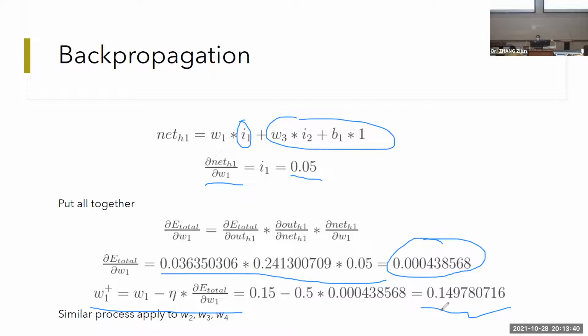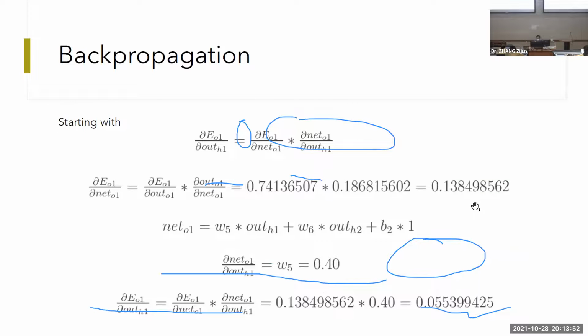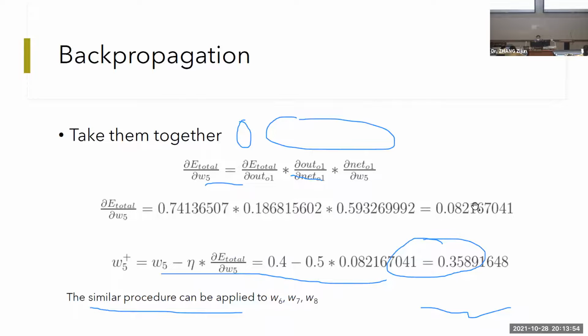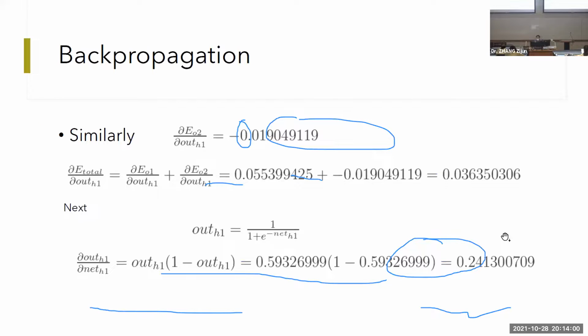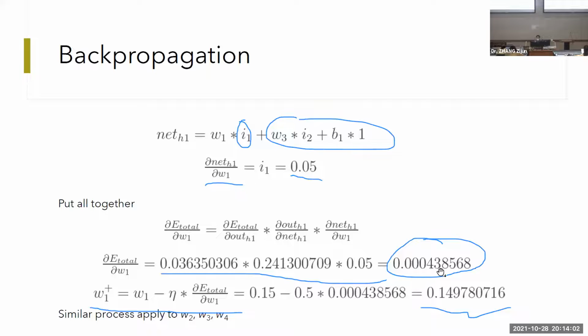So another interesting thing we observe in this example is what? If we get the gradient for weight 5, 0.082, and once you propagate back to weight 1, it's 0.0004.